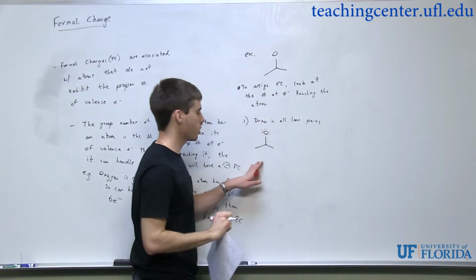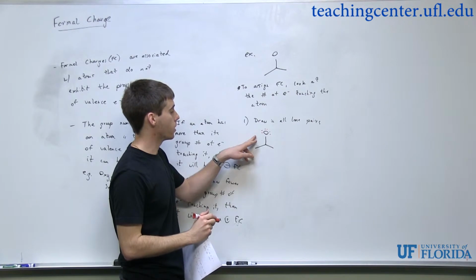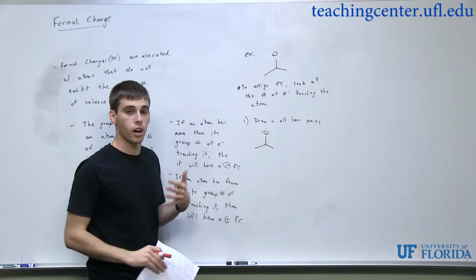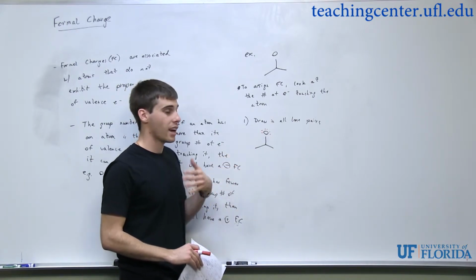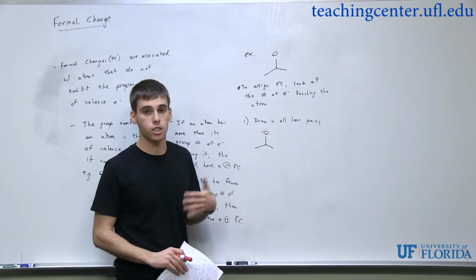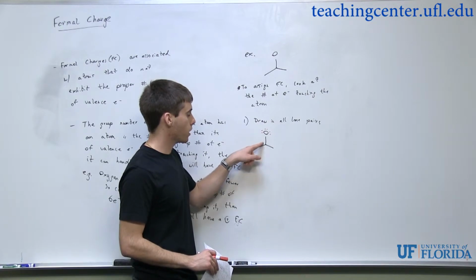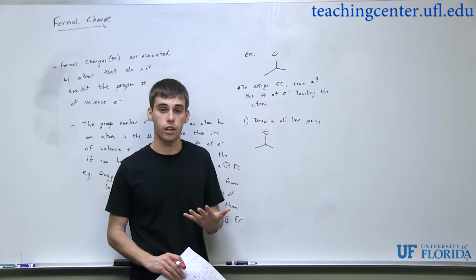Just to take a step back, how did I know that I needed to draw in 3 lone pairs? Remember what I said about the octet rule? You want to make sure that every atom has, at least for our purposes, 8 electrons in the valence shell so that it can be stable. This bond between the carbon and oxygen is a covalent bond, a sharing of electrons.